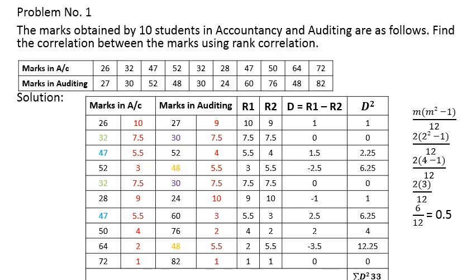The average can be found using the correction factor formula, m into m square minus 1 divided by 12, shown on the right side of the slide, where m indicates the number of times the value is repeated. The value 47 is repeated twice, so m equal to 2. So 2 into 2 square minus 1 divided by 12. Simplifying, 2 into 4 minus 1 divided by 12, 2 into 3 divided by 12, so 6 by 12 equal to 0.5.